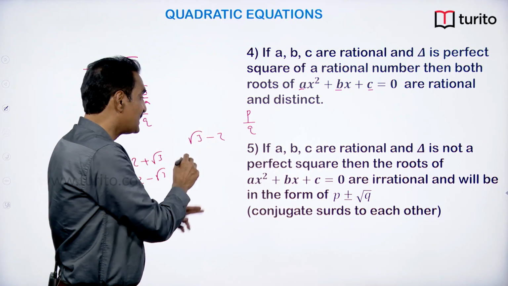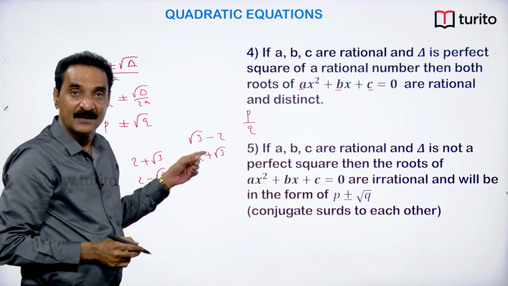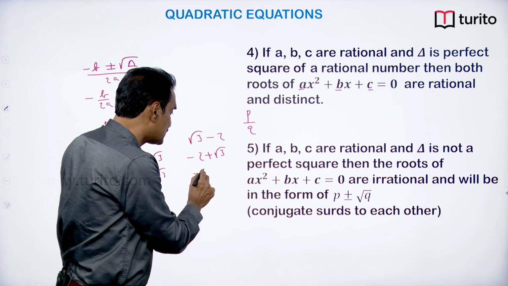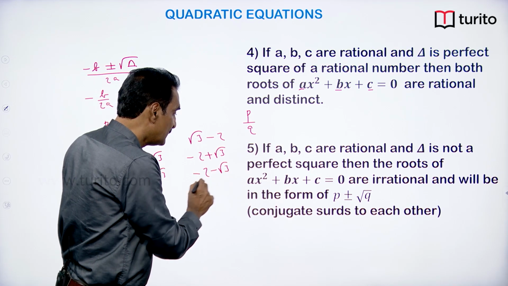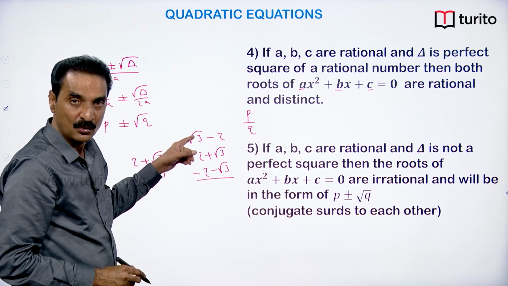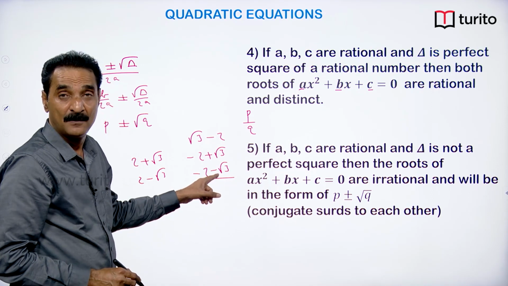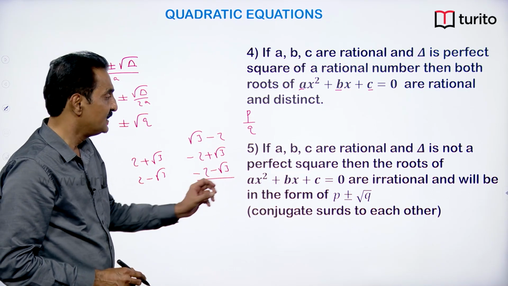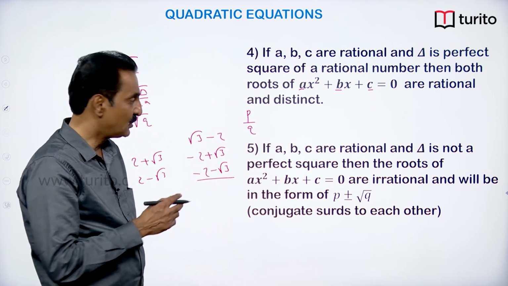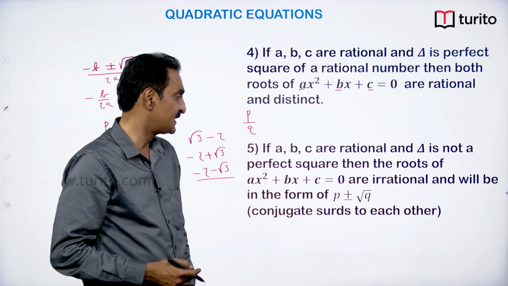We have to write this as minus 2 plus root 3, then what is the conjugate? Changing the plus sign to minus sign, this will be the conjugate root. So, if one root is known to be root 3 minus 2, you can directly take the other root as minus 2 minus root 3. Okay. This is the property of nature of the roots of a quadratic equation when the discriminant is not a perfect square.